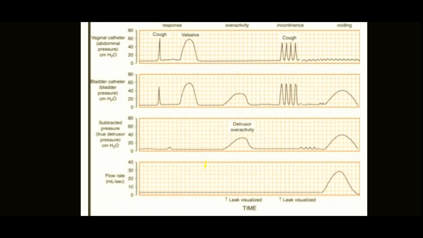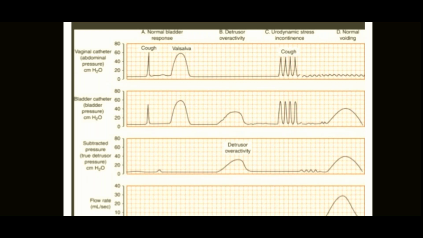Now this chart is the best chart you'll ever see, and this gives us an idea of what happens when. So in a normal bladder, whenever you cough, you will see a spike in the abdominal catheter, as that pressure will go up.